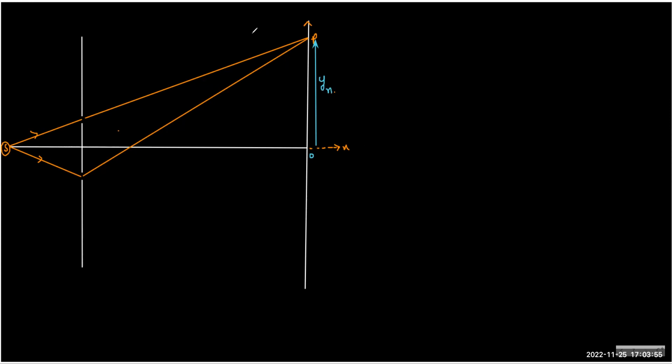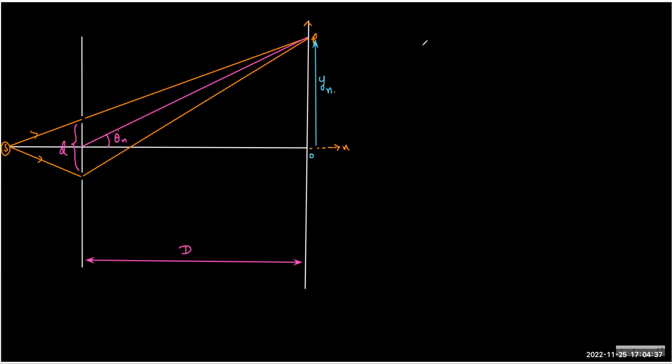The meaning of n I'll explain in a while. So every fringe on the screen we can represent in two ways, one in terms of theta, another in terms of yn. So we'll first try to find yn. For that, we need to know certain things like this separation is called capital D. This separation we know already, it's called small d. And the rest you can express.